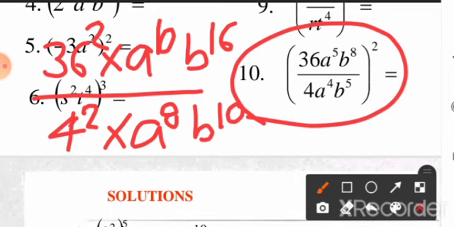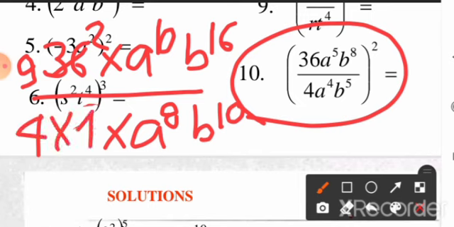4 nines are 36. In this situation 4 appears 2 times, so 4 into 4. And 36 also 2 times.